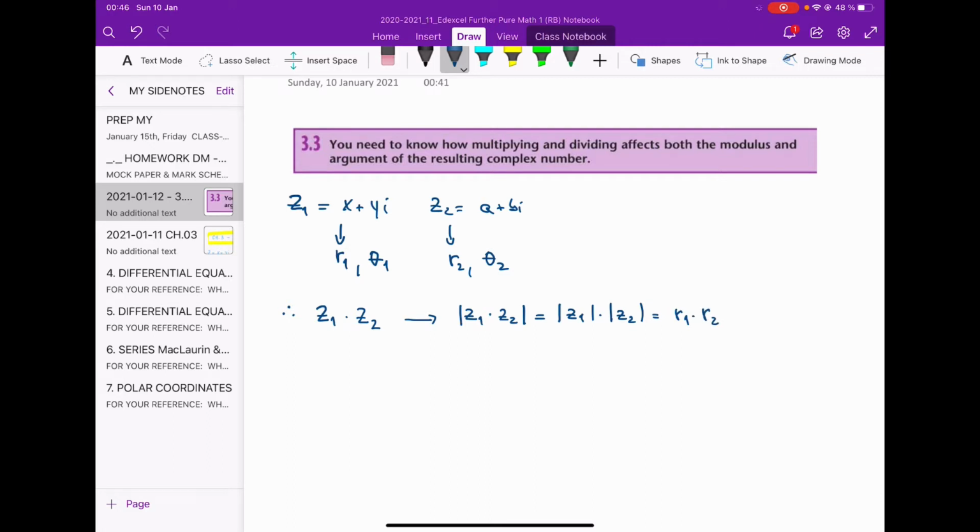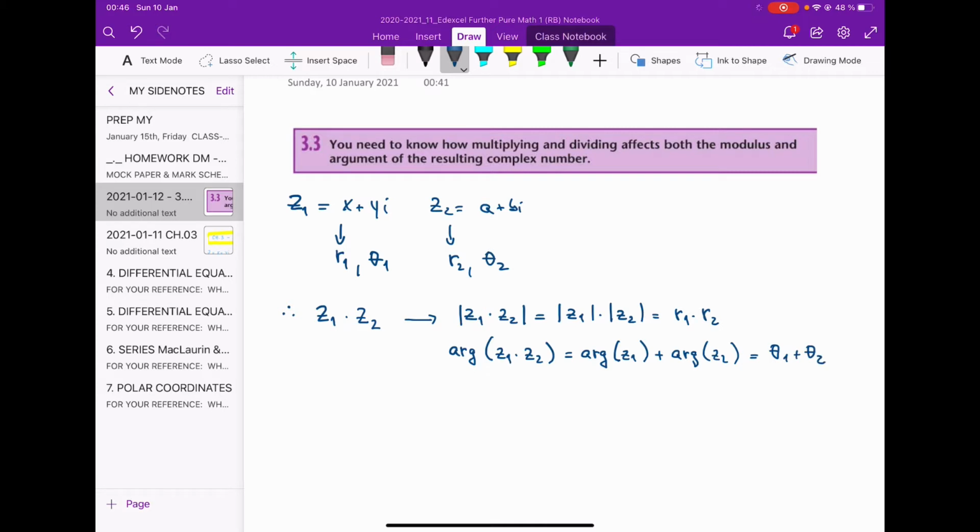And the argument of z1 times z2 is equal to the argument of z1 plus the argument of z2, or you can say theta 1 plus theta 2.